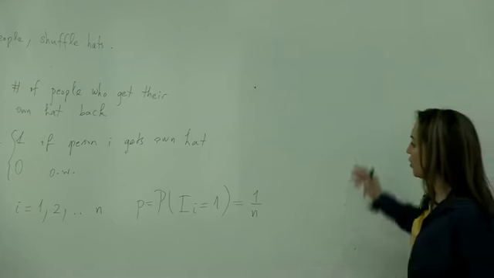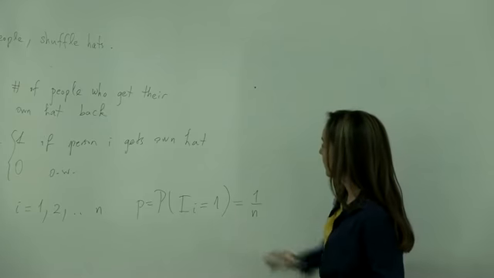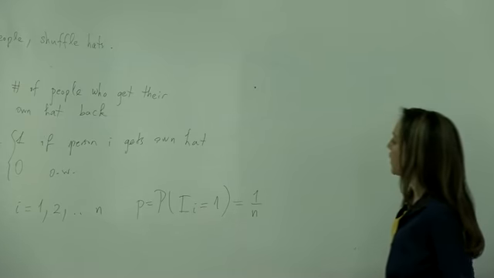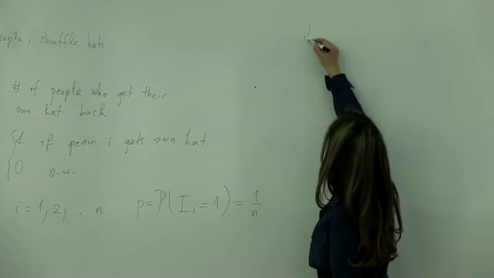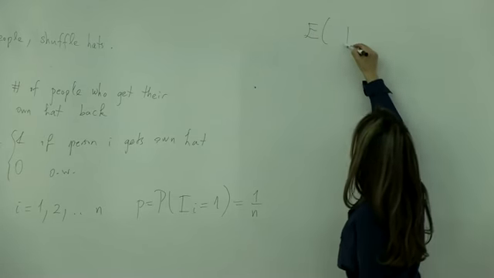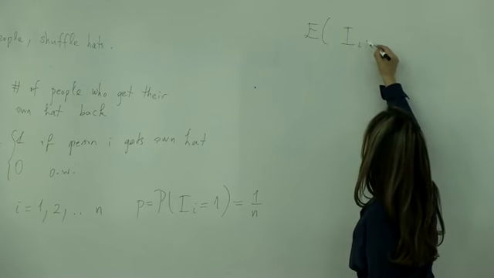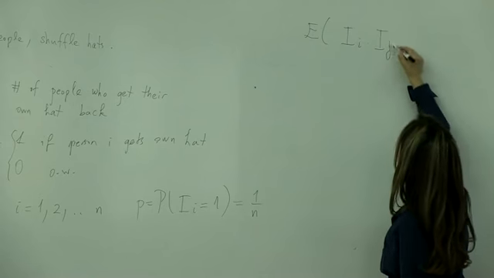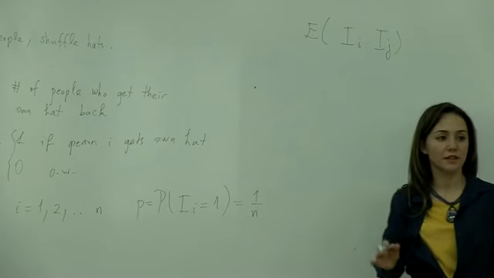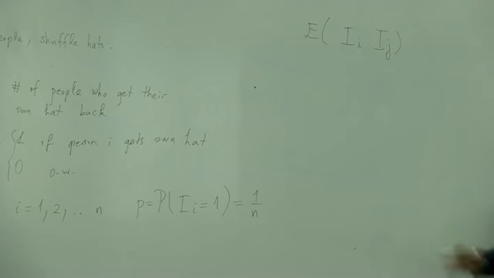So let's try to find the expected value of I sub i times I sub j. This is very important. This computation is important because it's related to covariance and it tests a lot of probability skills that you've built up.